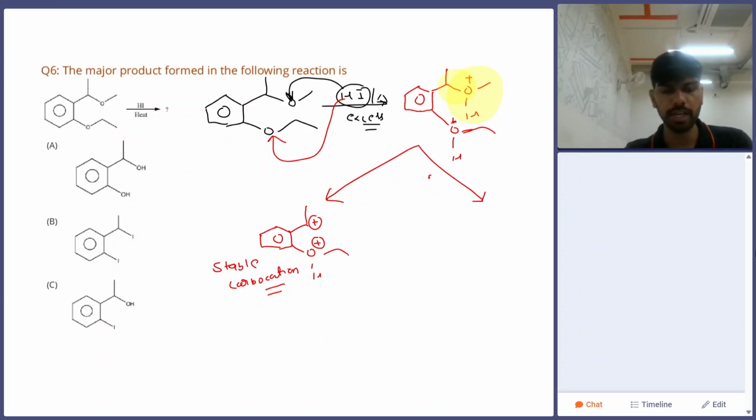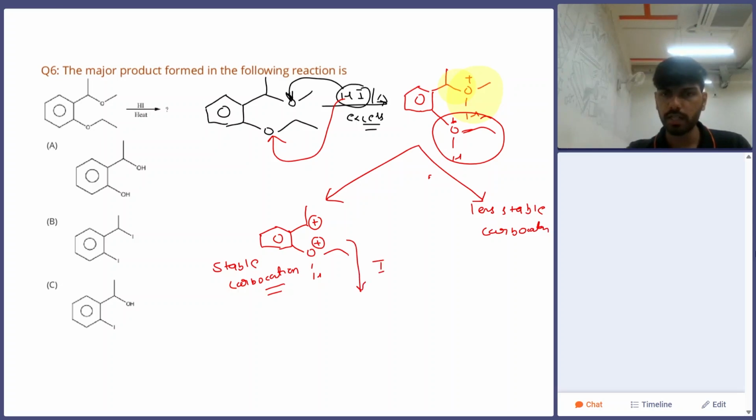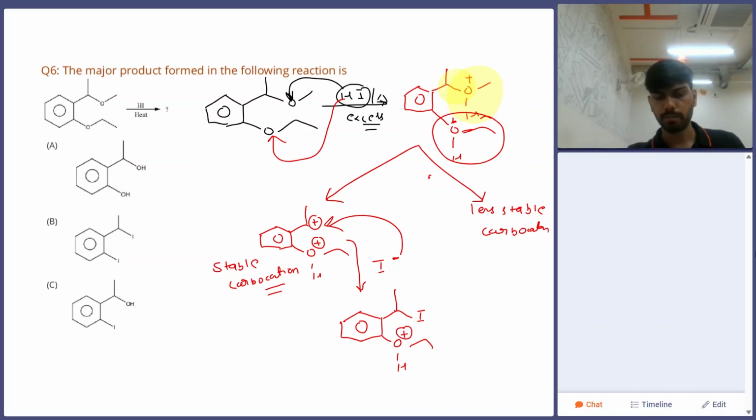At the same time, if you remove from here, this is going to be the less stable carbocation. Now on this part, I minus will attack, and we will get I, with OH and a plus charge.